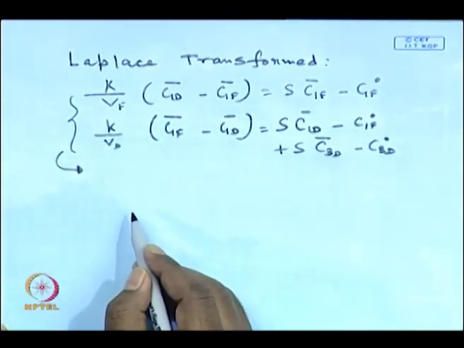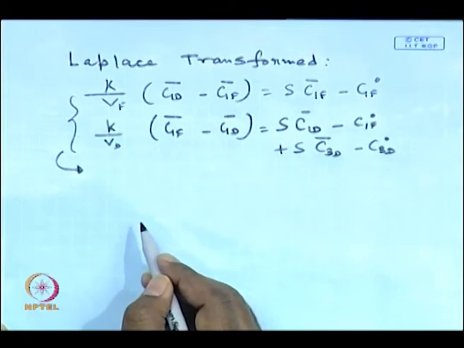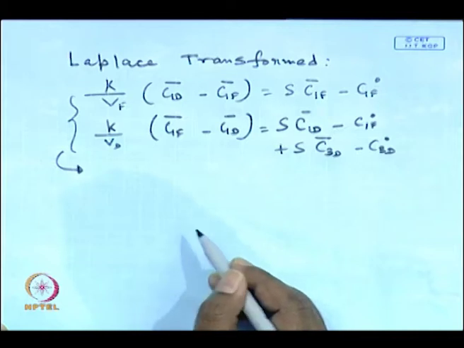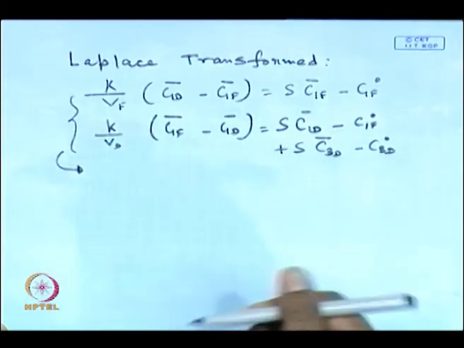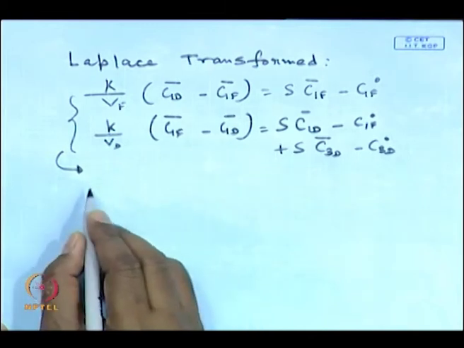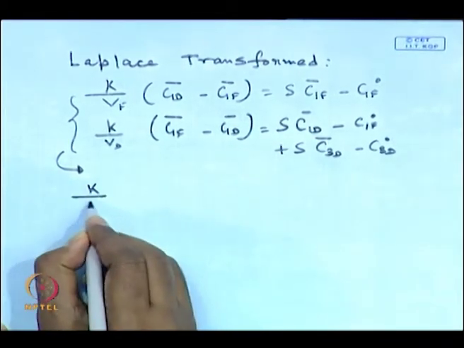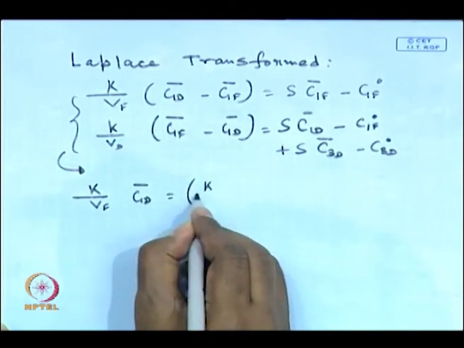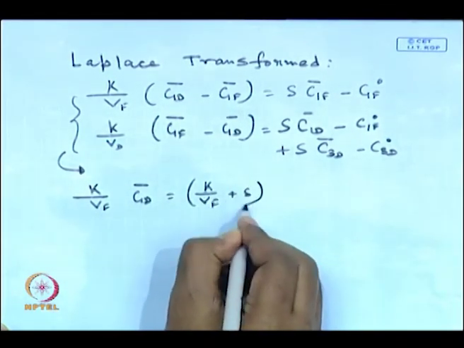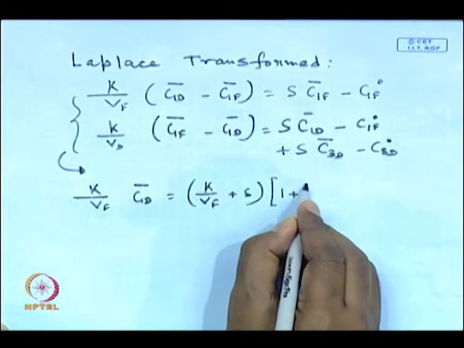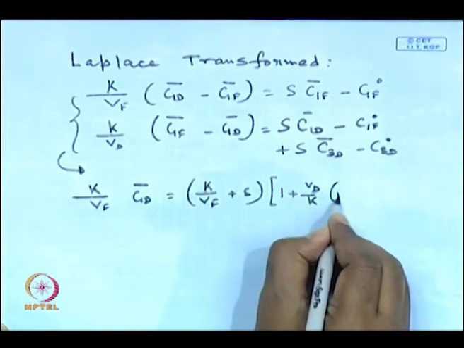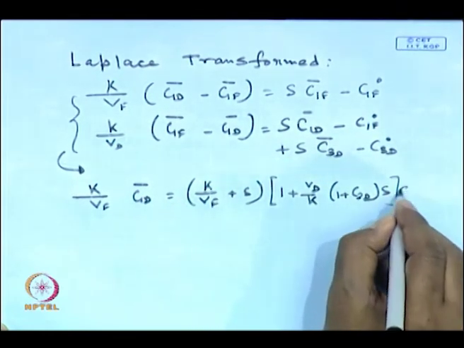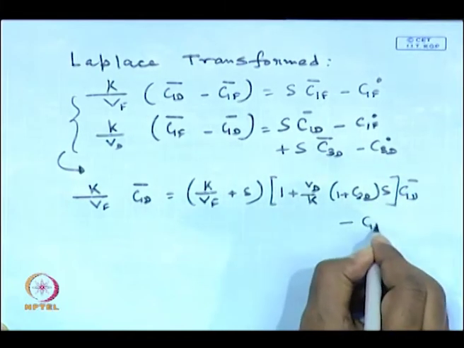One can simplify these two equations and get an expression for C1d bar, because basically we are going to monitor the concentration of aniline on the dialysate side; we just take up a sample and analyze it. If you do that, you will get k by Vf times C1d bar is equal to (k over Vf plus S) into (1 plus Vd over k times (1 plus C2d times S)) times (C1d bar minus C1f naught).